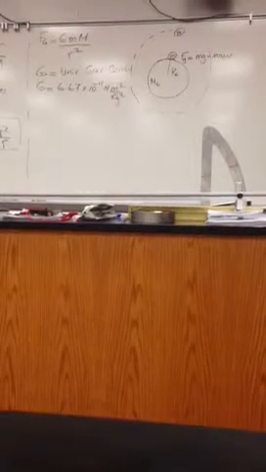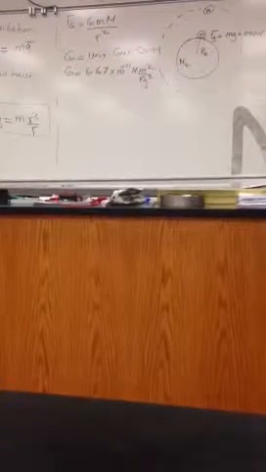The radius. And because it's inversely proportional to the radius, that means that if the radius goes up, the force of gravity has to go down, has to be less.